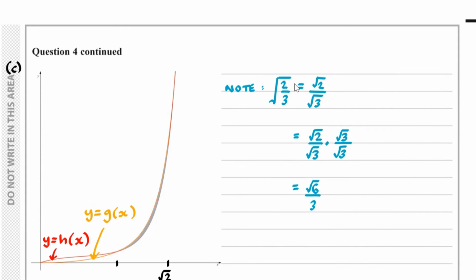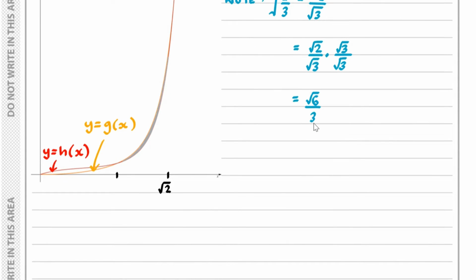So, the square root of 2/3 is the same as root 6 over 3.